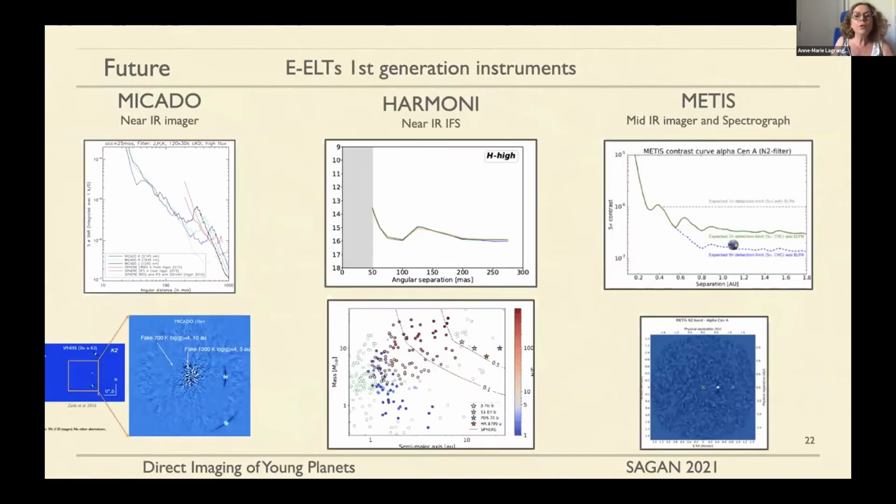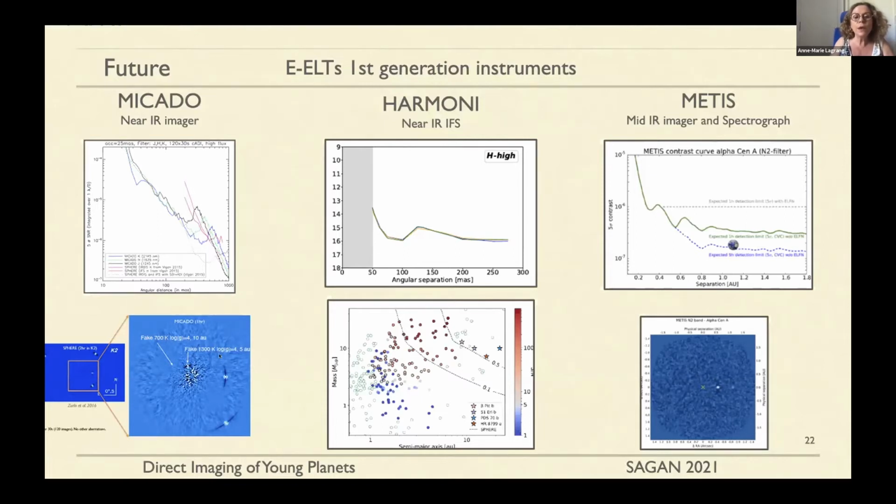I will leave you with this last slide about the first generation instruments on the ELT: MICADO, HARMONI, and METIS. I show here the contrast that we hope to get with these instruments, and some illustration of what we will be able to do with them.